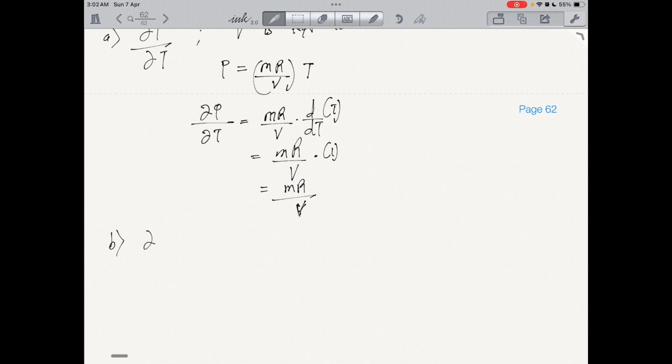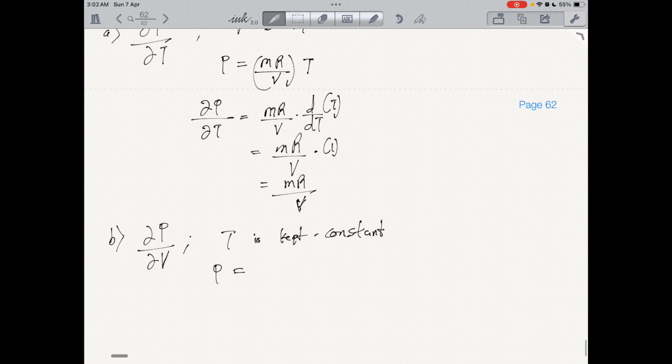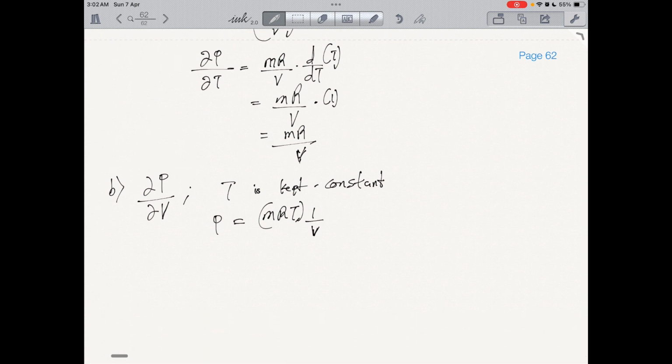Now for our partial derivative of P with respect to V, that means we are keeping temperature constant. Therefore, we can write our expression of P, putting temperature as constant, as mRT multiplied by 1 over V. And we can rewrite this as mRT into V raised to power minus 1.